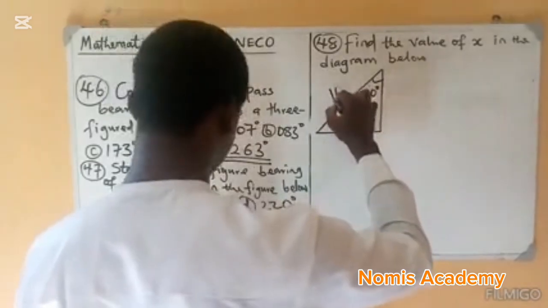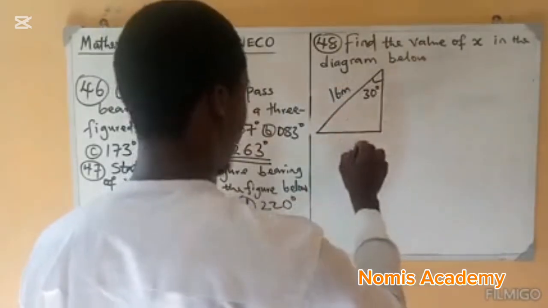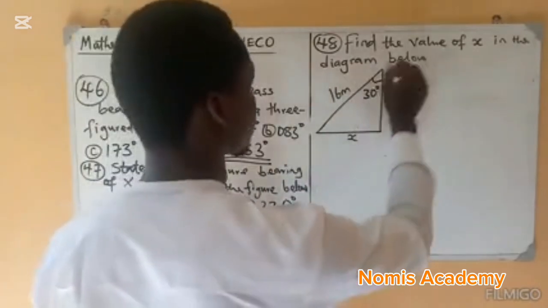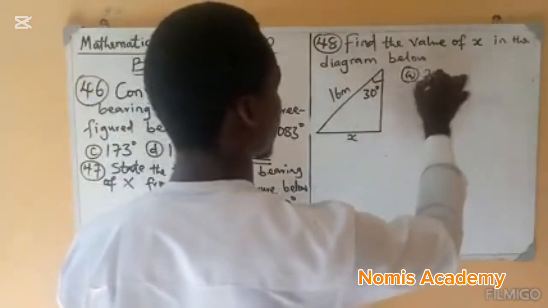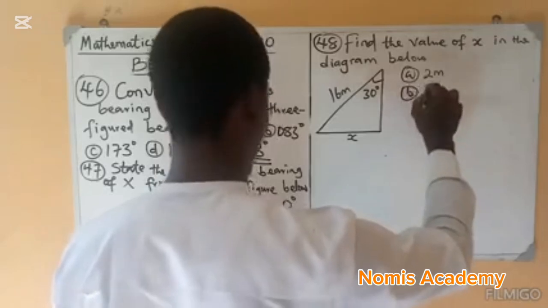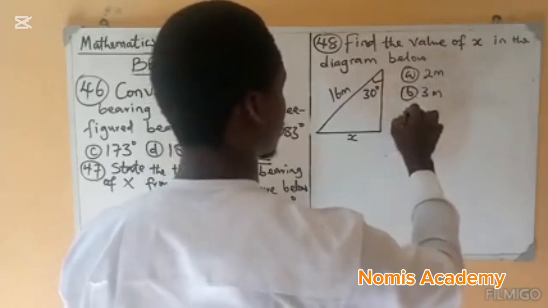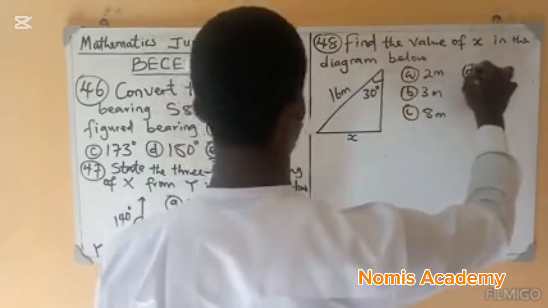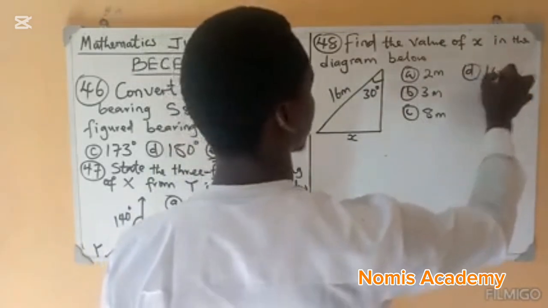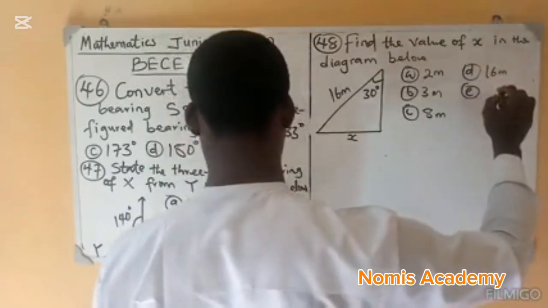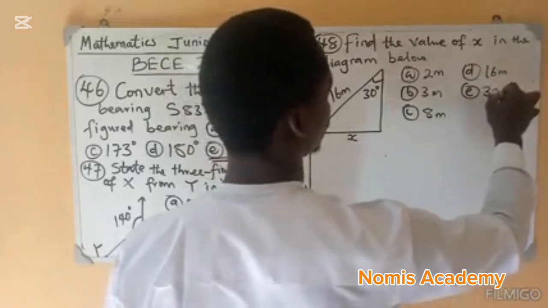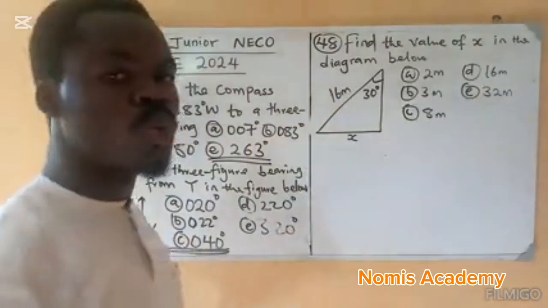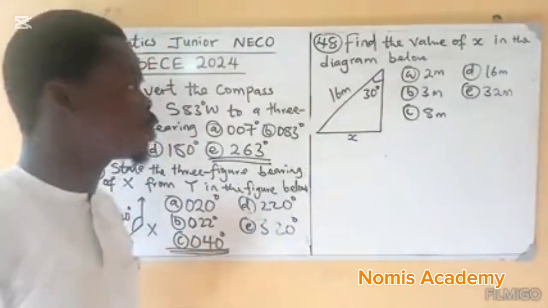This side is 16 meters, while this side is x. So we are asked to find the value of x. Now the options are A, 2 meters, B, 3 meters, C, 8 meters, D, 16 meters, and E, 32 meters. Alright, now to solve this, to find x, we are going to use one of the trigonometric ratios.